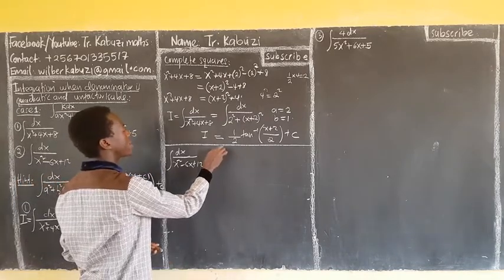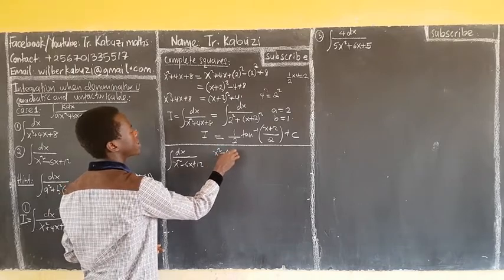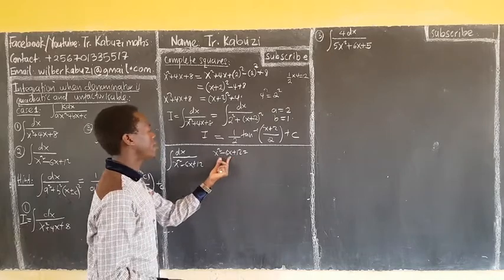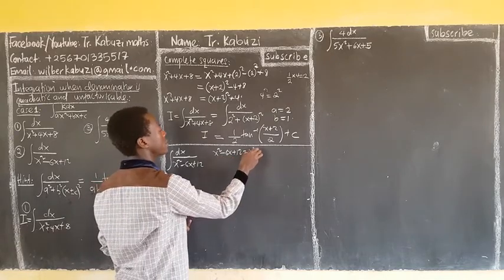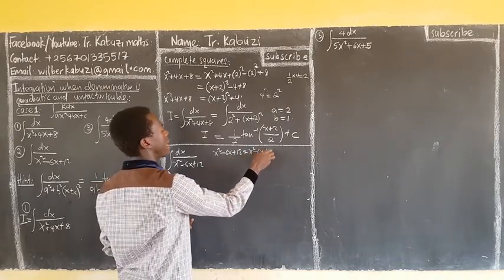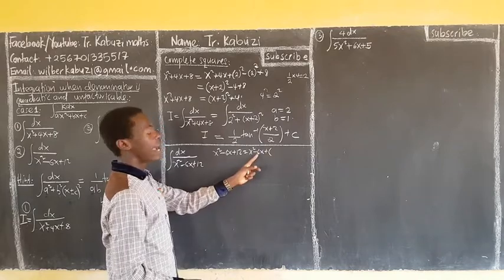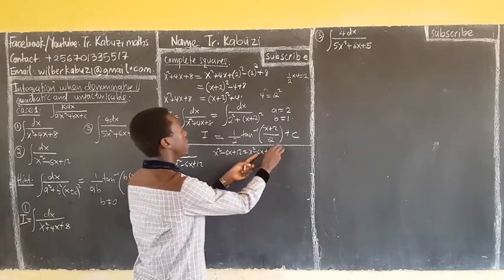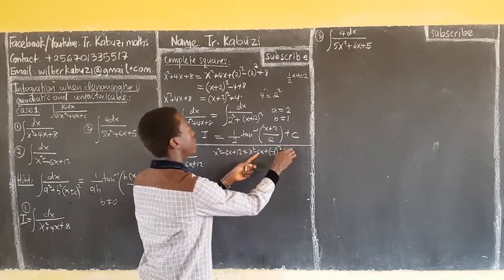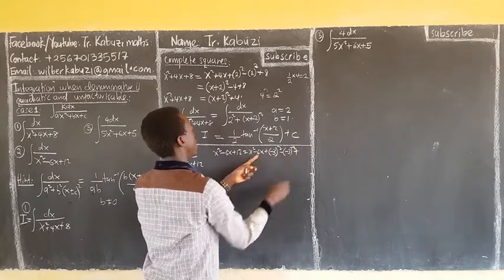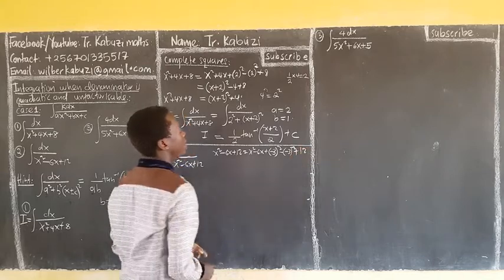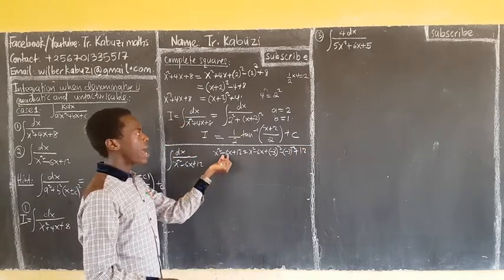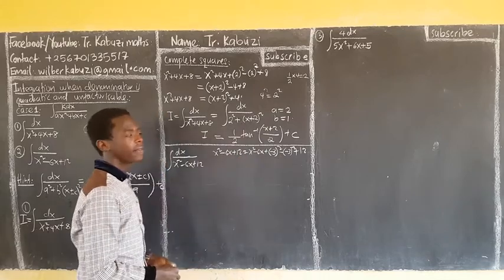So x squared minus 6x plus 12 will be, we first write x squared minus 6x, then plus. When you multiply the coefficient by a negative half, you get negative 3. You square it and you remove it. Then plus 12. We multiply the coefficient of x, which is -6, by a half, that's why you get -3.